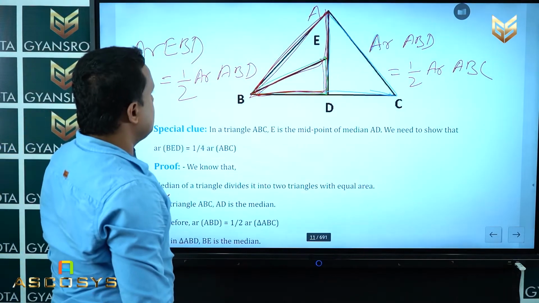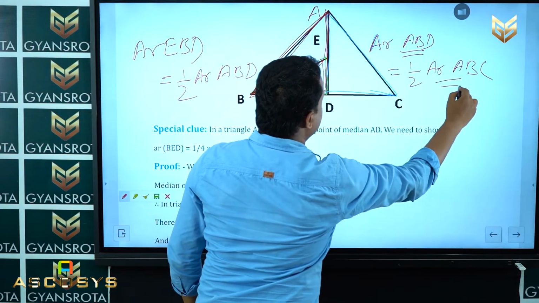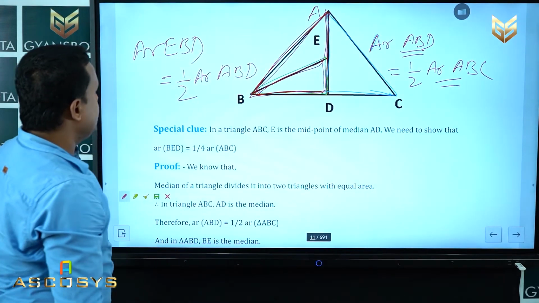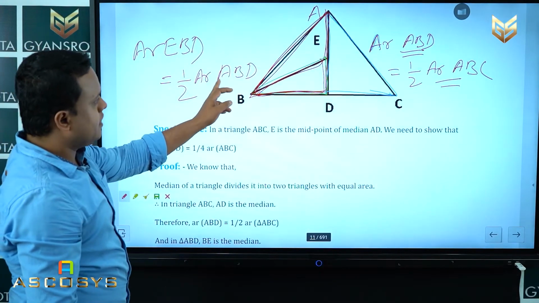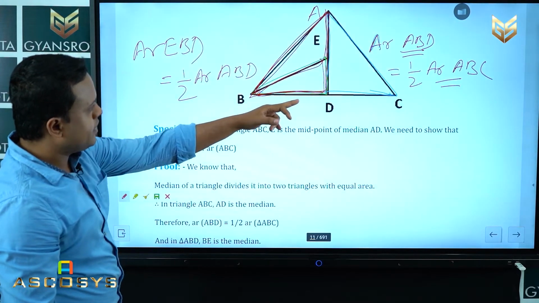We have the area of ABD equals half of area of ABC. So in place of area of ABD, we can write half of area of ABC.